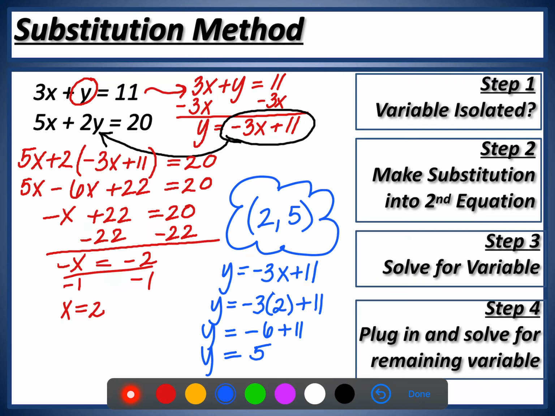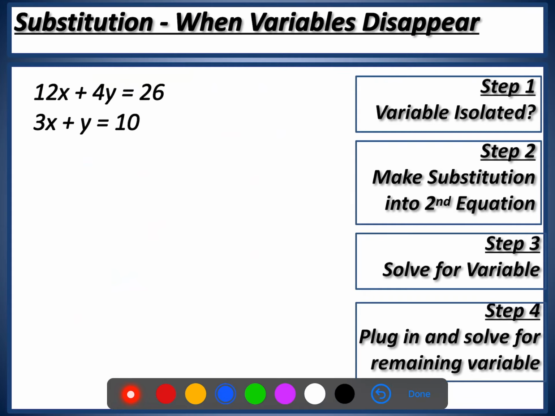Okay, so sometimes you may have to rearrange the equation in order to isolate. Okay, so this says when variables disappear. So if I had to guess, this is our special case. Okay, so my second equation is the one I'm going to isolate.